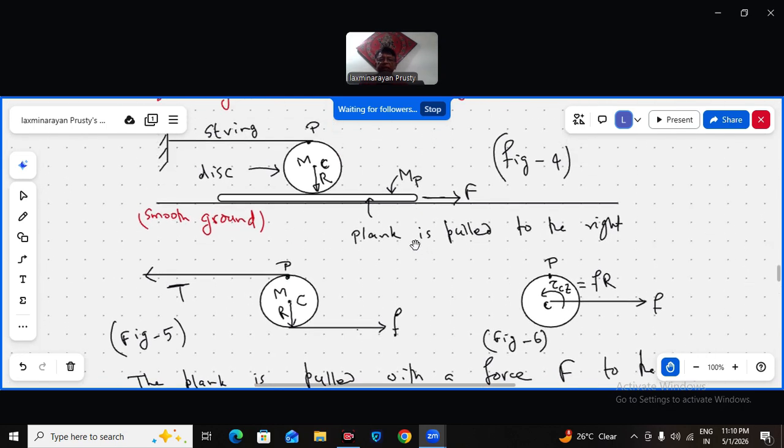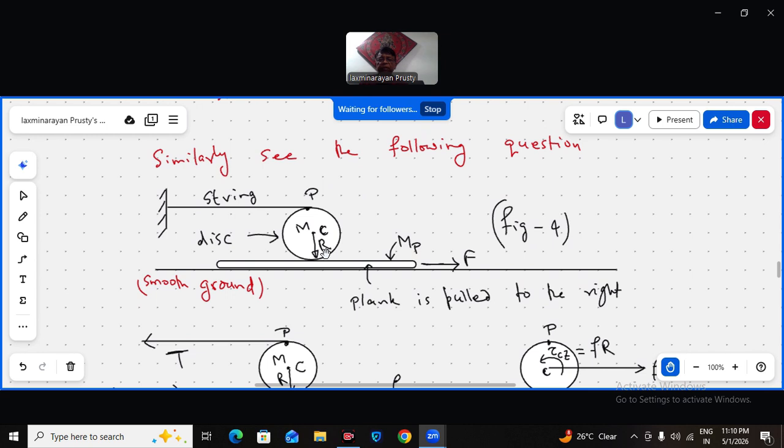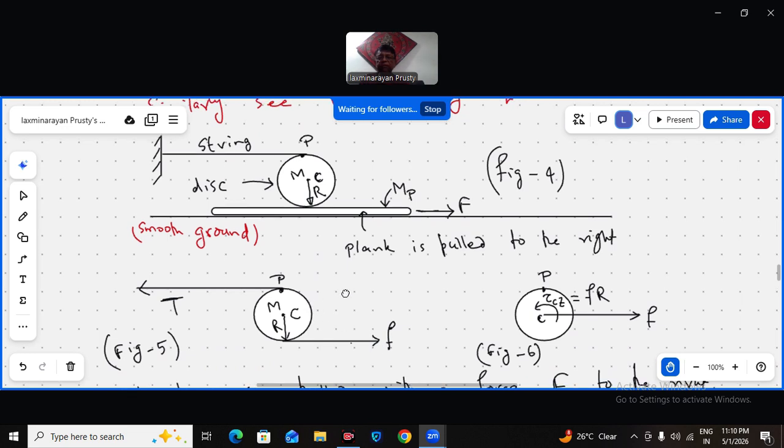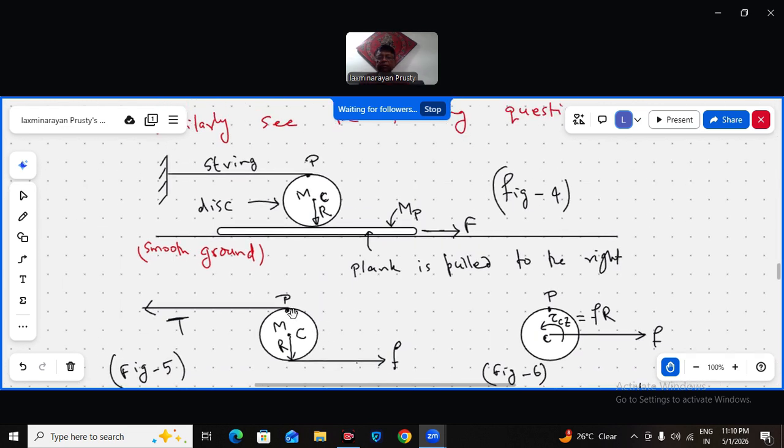So what are the forces on this thing? There is friction between the disc and the plank. So there is a drag force on the bottom of the disc to the right direction, small f. So let the tension be T. I don't know how much it is.